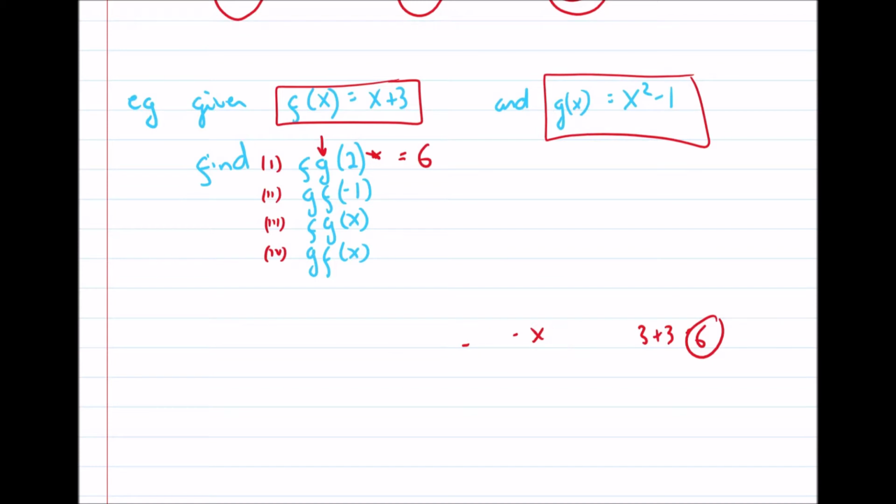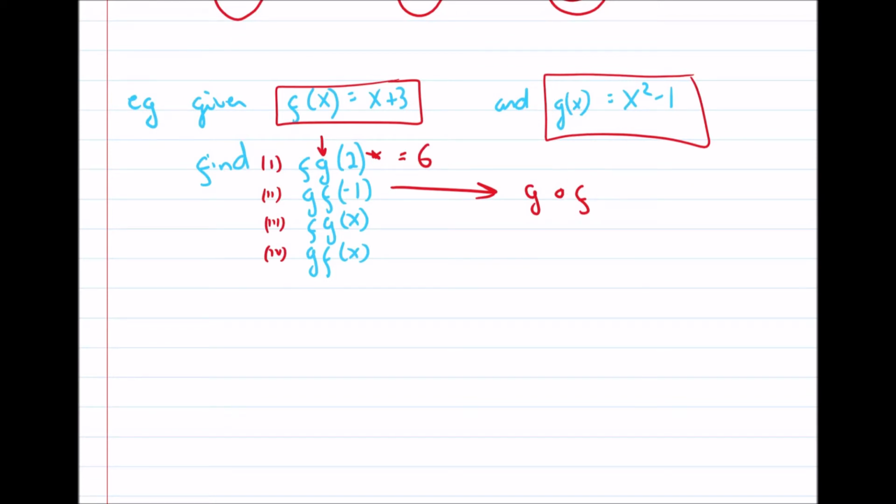Okay, next one. So this is g of f of minus 1, and I'll rewrite this actually. This can be gf or it can be g of f of minus 1. Remember though, it's this one we do first. Okay, it's the one nearest the number. If they don't give you a number, remember it's the second one first.